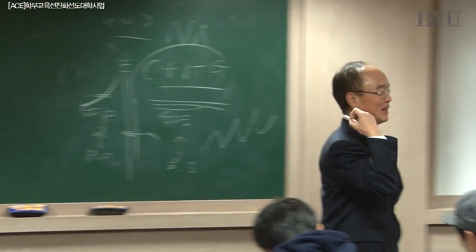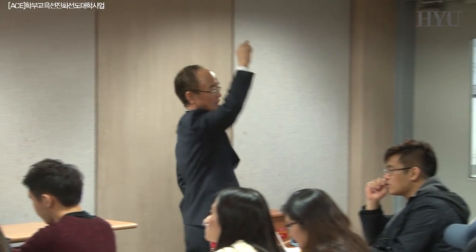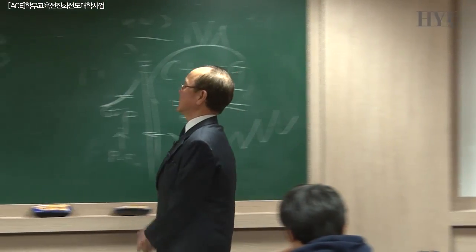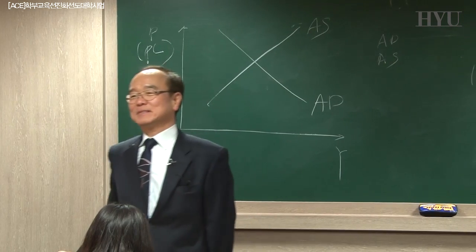So your intuition tells you aggregate demand is downward sloping and aggregate supply is upward sloping, right? And your intuition is very much right. But that's not the end of this. Why is that?